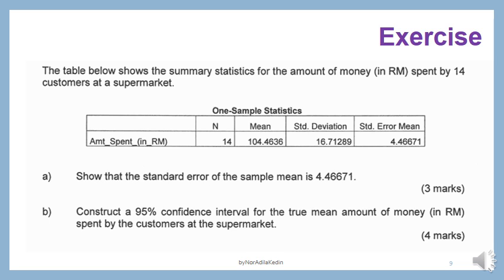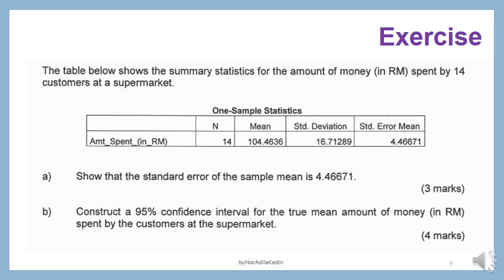And then it gives you one-sample statistics with N equal to 14. Sample mean 104.4636, sample standard deviation 16.71289, and the standard error is 4.46671. Show that the standard error is this one and construct a 95% confidence interval.